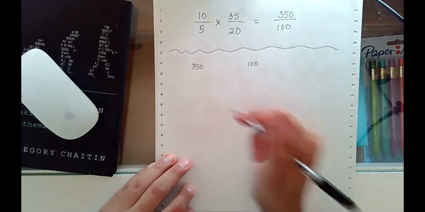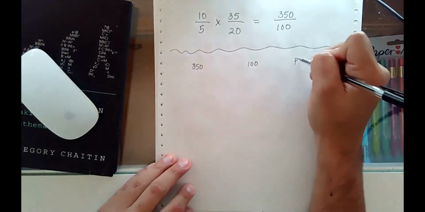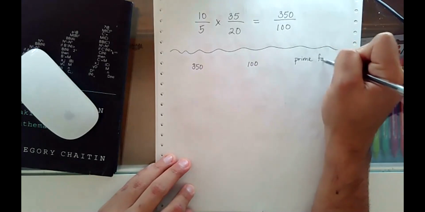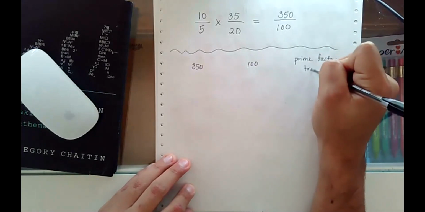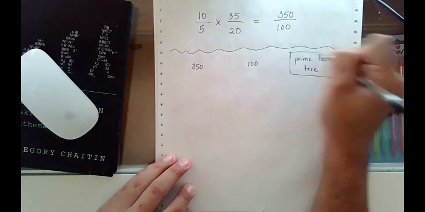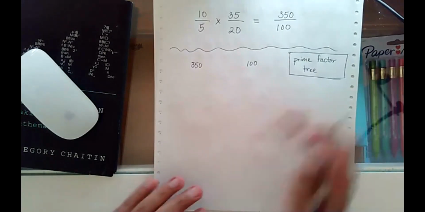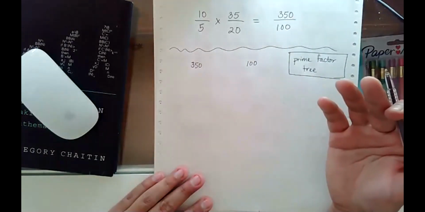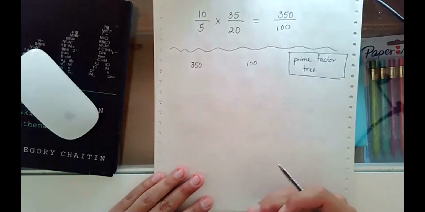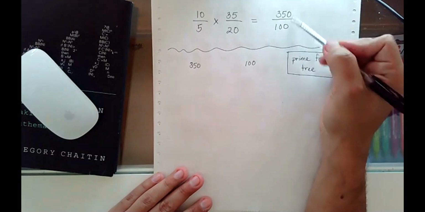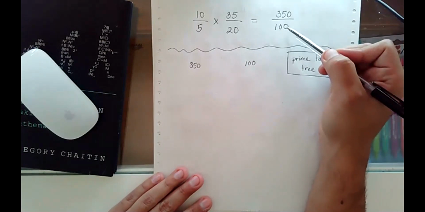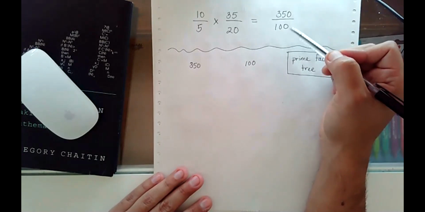Okay. And I'm going to do what's called a prime factor tree to help me break down these numbers into smaller, more manageable numbers. Because once these become super large, it's hard to determine, can we simplify it further? Because maybe we choose to divide these by 10 and by 5 and then by 5 again, maybe.